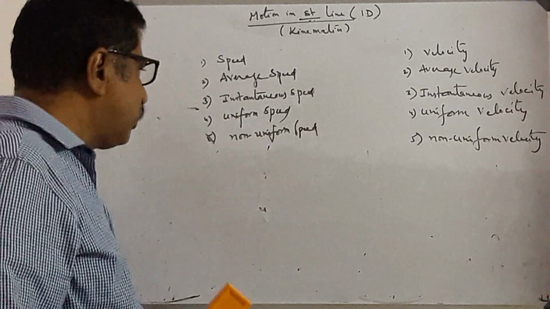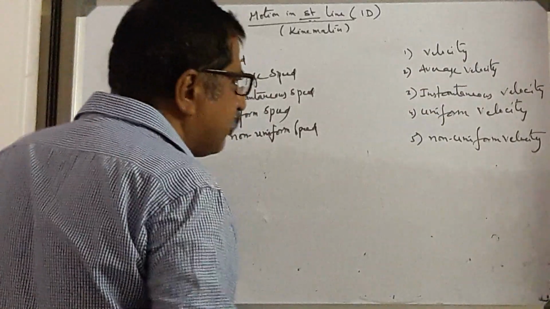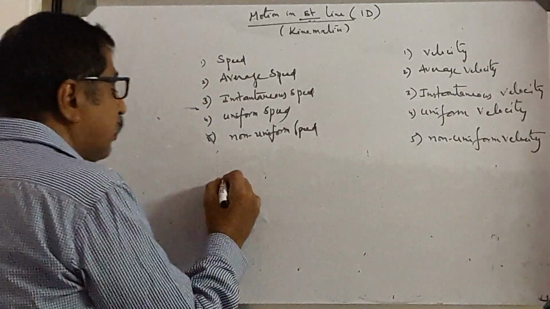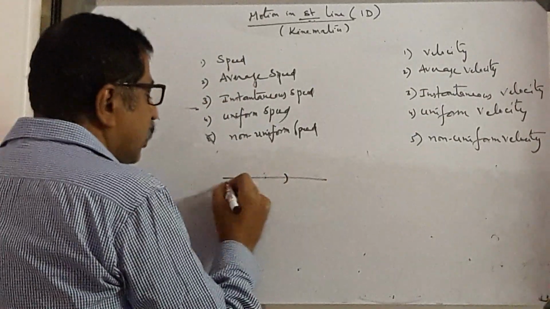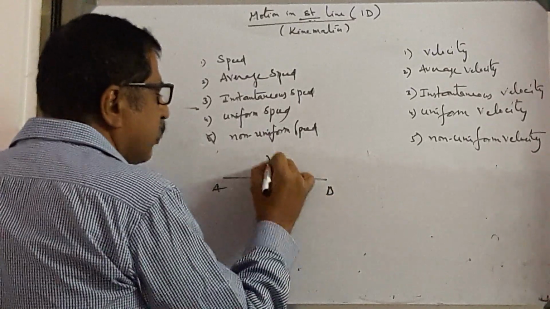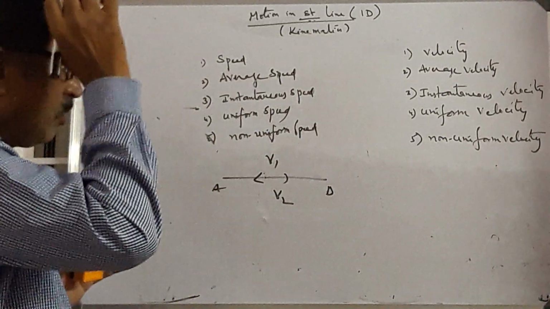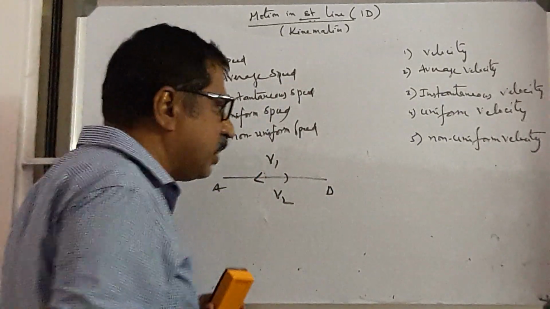Now we do some problems regarding average velocity. For example, a body traveled from A to B, then returns to A, with velocity v1 on the forward journey and v2 on the return journey. What is the average velocity of this body?